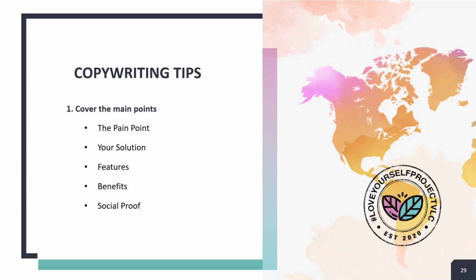And if they know you get their problem, then they're more likely to trust your solution. Now, the solution to their pain point is what you're offering in exchange for their information. And you want to illustrate a clear path between their problem and how your solution is the remedy they need.